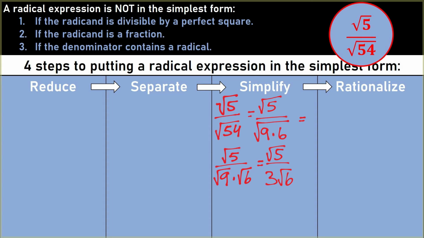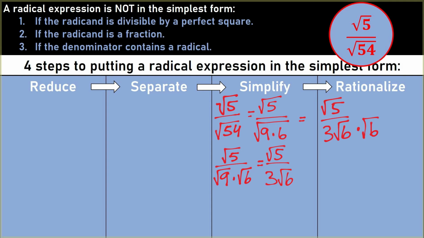So we're going to start with root 5 over 3 root 6. And the great thing that we discovered in the last problem is if you multiply a radicand by itself, you will get a perfect square radicand. So we're going to multiply the radicand root 6 by itself, root 6.